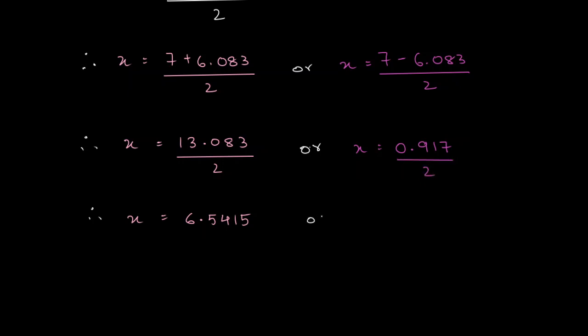So the value of x could be 0.917 divided by 2, which is 0.4585. Okay, so we've got our two values of x, but if you read your question carefully, it says give your answer correct to 2 decimal places.